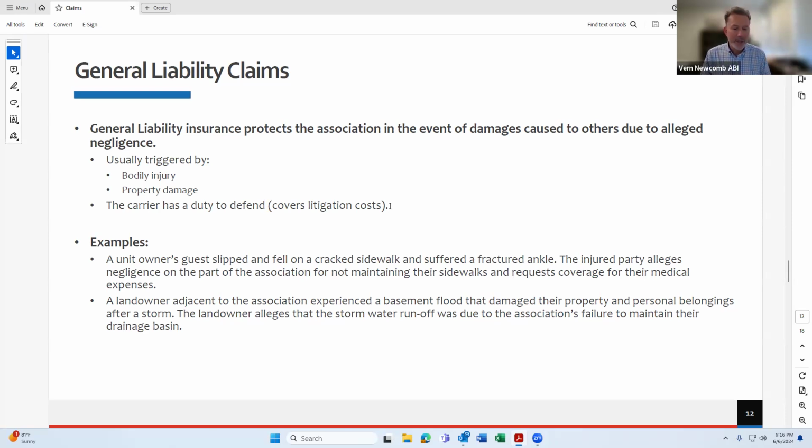Another thing is the association not maintaining the building, such as the roof. They have their roof inspected and the inspector says, you need to replace this roof. And the board, tight on money, as a lot of associations are nowadays, decides to put that off. All of a sudden a heavy rain comes, the roof fails, and it damages a unit owner's personal property inside their unit. The association's policy does not pay for that property damage.